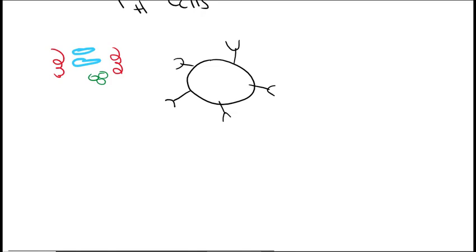All right, so this B cell is going to bind to the pathogen, to the antigen. The place it's going to bind is at this little site. This is a B cell receptor. So in the first step, the B cell receptor is going to bind to the antigen.